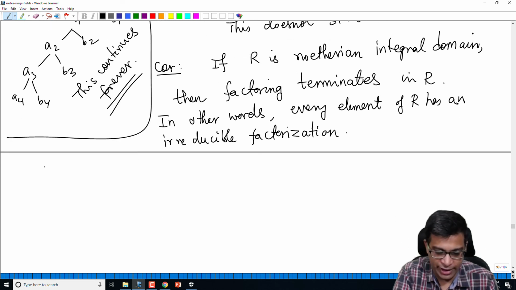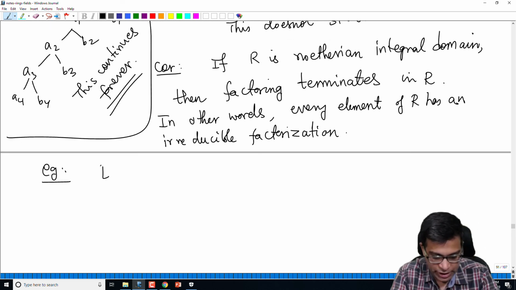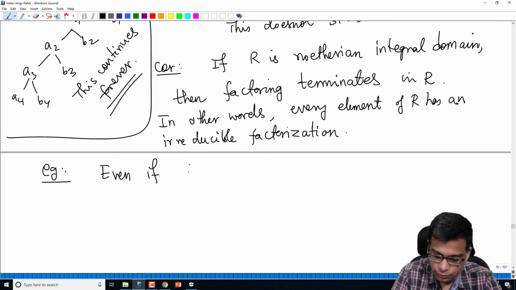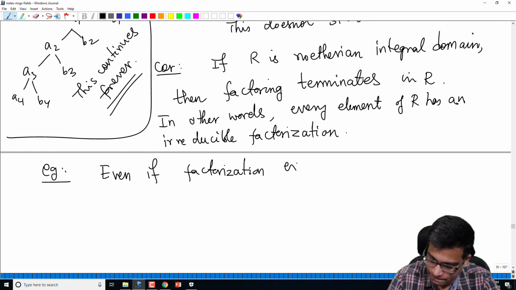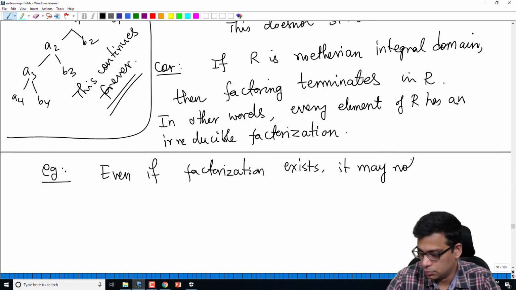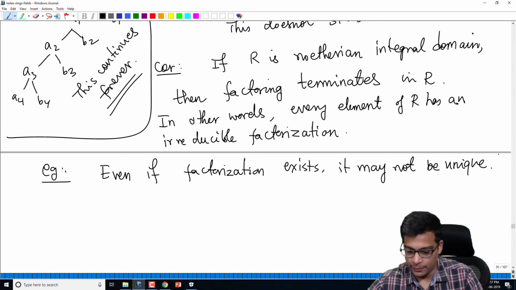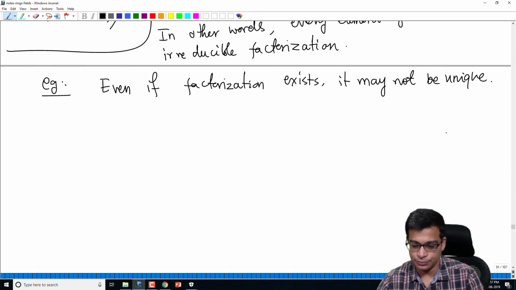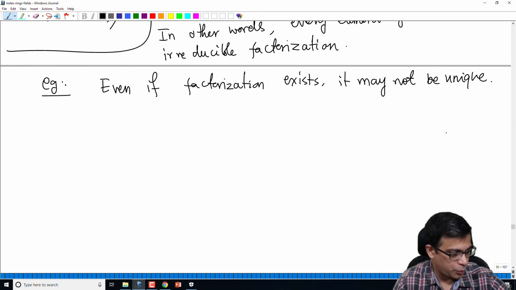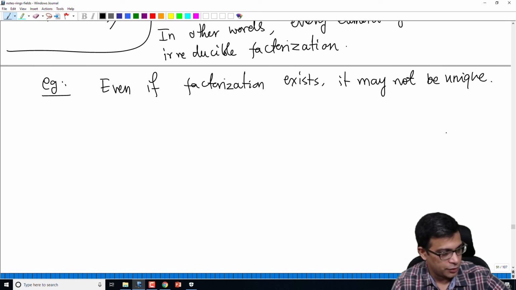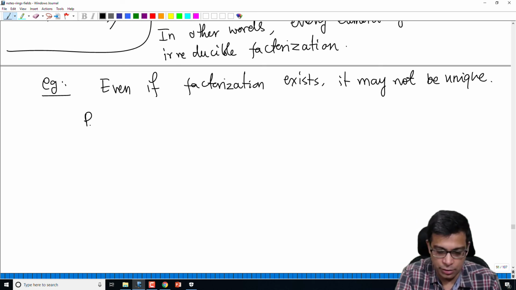So now I will end this video by giving an example. Even if factorization exists, it may not be unique. As the example, our favorite example, this is something that we have considered before: R, I will take Z adjoined square root of minus 5.